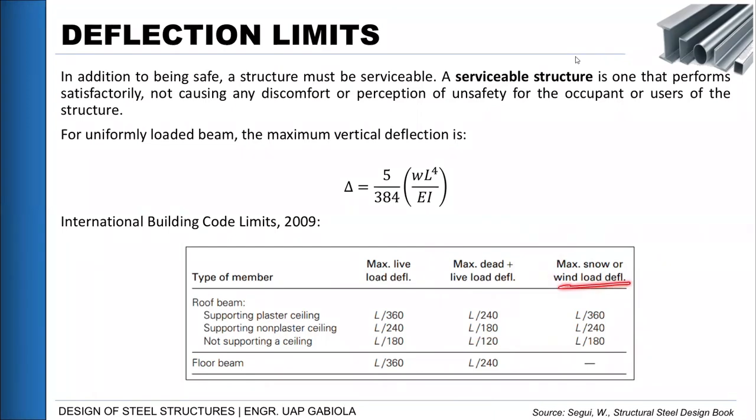And kung wind load naman pag-usapan natin, si wind load is a transverse load. So, usually wala siyang component para kay floor beam. Ngayon kay roof beam, meron dito sa last column kasi iba ang wind. Kung halimbawa nasa taas tayo, nandito yung beam mo, yung load ng wind na kino-convert siya into components.